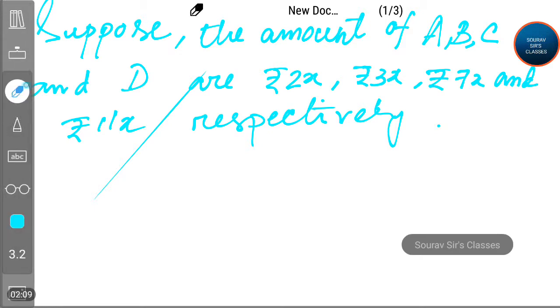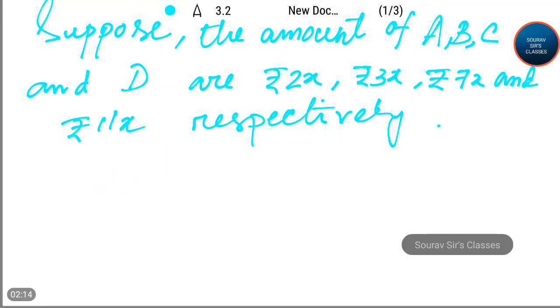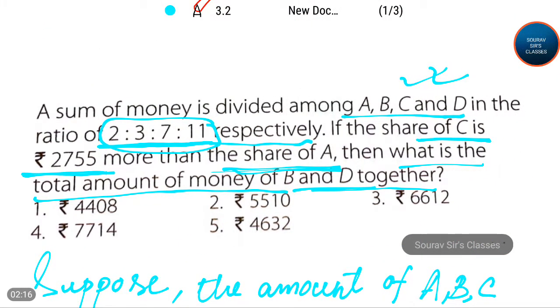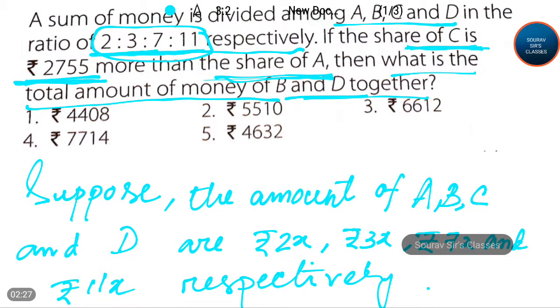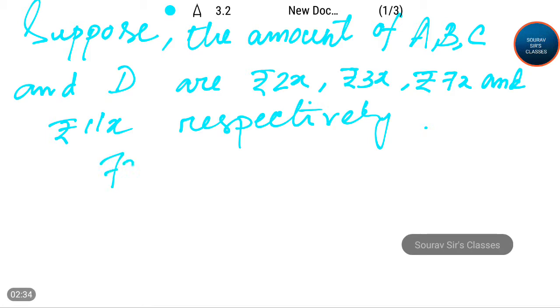So now again the condition that was given, that if the share of C is rupees 2755 more than share of A, so the share of C is here 7x and the share of A is here 2x. So we can write it as 7x minus 2x is equals to rupees 2755.